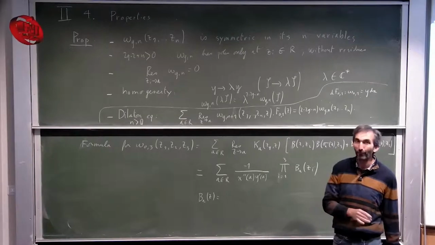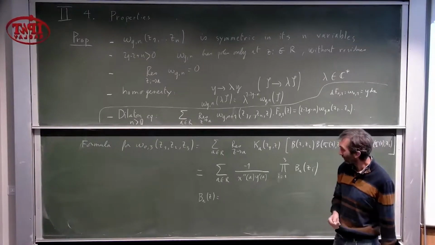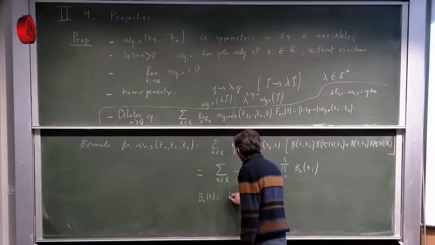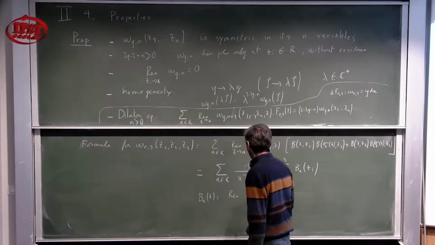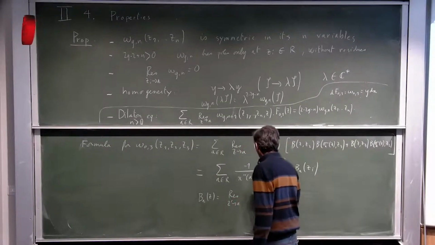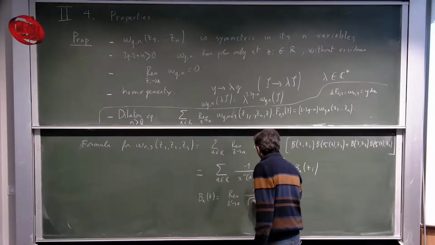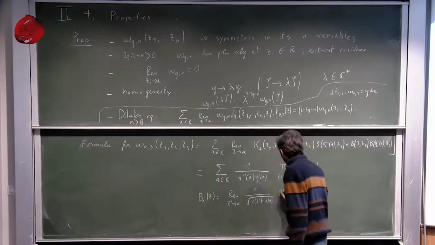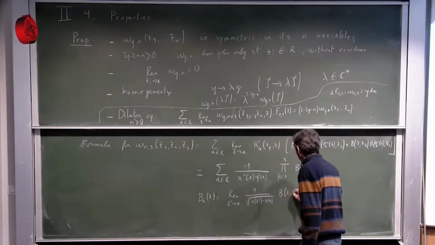So you need to divide by something to make it a function of z, and there is a way to do that: the residue when z' goes to A of 1 over the square root of x(z') minus x(A), times B(z', z).